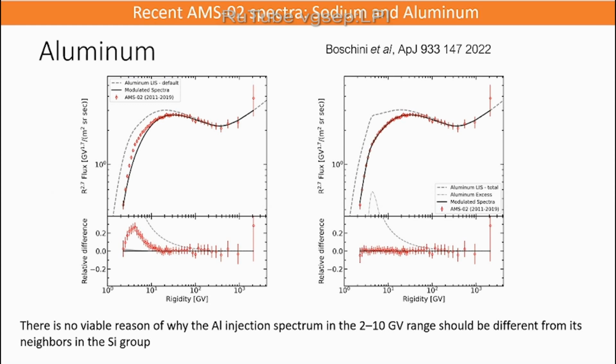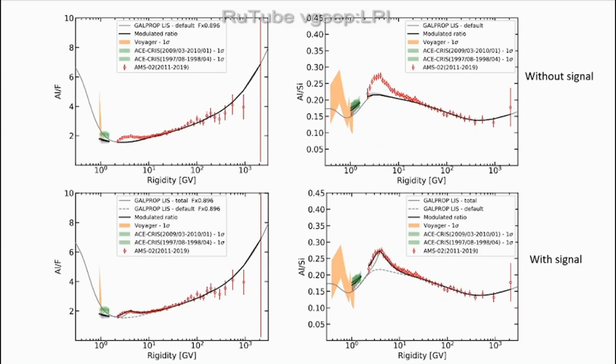And there is, in principle, no viable reason why this aluminum injection spectrum in the region from 2 to 10 gigavolt should be different from its neighbors in the silicon group, which are well known. So you see, how can we explain, for example, this fine feature in this very species, the aluminum?